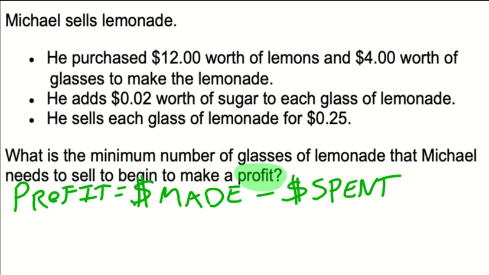All right, so a little reminder. Profit is money made minus money spent. 70 is correct.